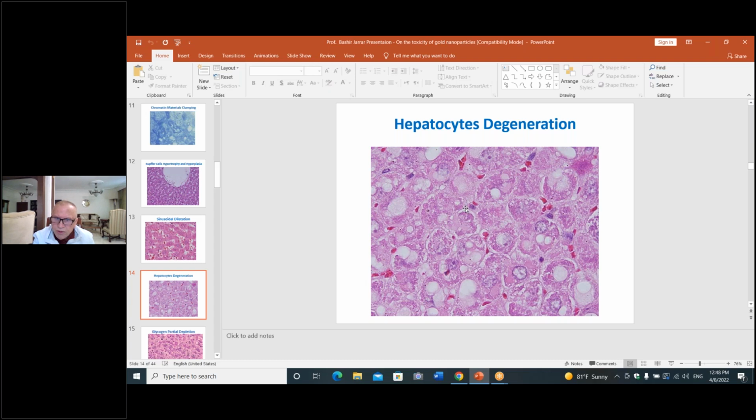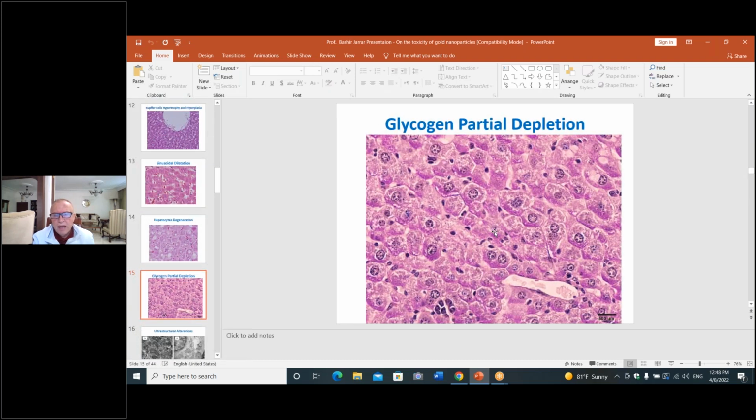Moreover, here, also in the liver, these are the hepatocytes. Here you have degeneration. Degeneration means injury, damage in the cytoplasm and in the nuclei of the hepatocytes. Also, as you know, one of the functions of the liver is to store glycogen.